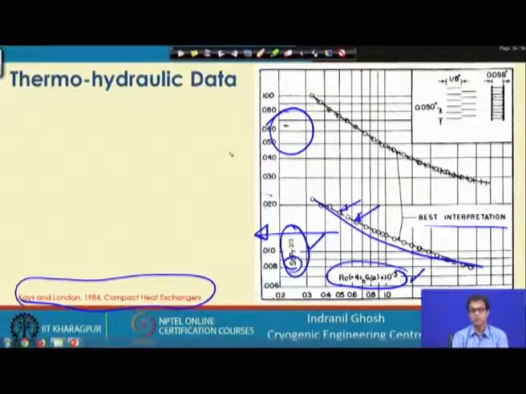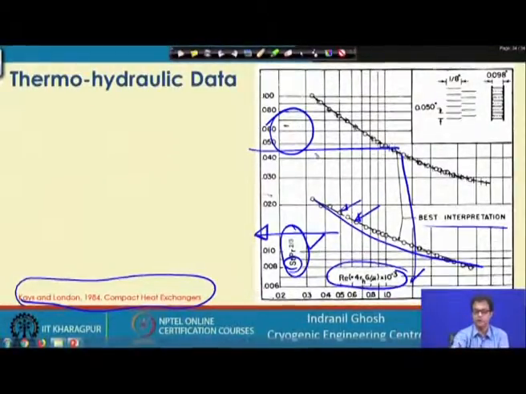You may remember in some of our earlier calculations, we were trying to estimate the pressure drop occurring through the fin passages, and there we were told that this is the friction factor. If you remember in that example, we were told the Reynolds number, and corresponding to the Reynolds number and the fin specification, we were supposed to find the corresponding value of the friction factor.